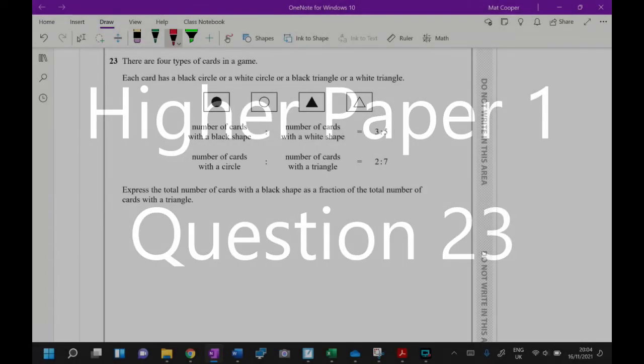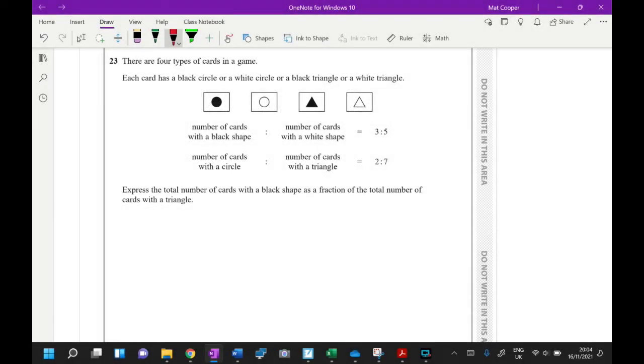Okay, so here's 23. It's the last question, and well done to those of you who really had a go at this one. All right. We are told about some cards. We don't know how many cards there are, but we know that they're a mixture of black and white, circles and triangles. There are some black circles and some white circles and some black triangles and some white triangles. We're told about the mixture of black and white.